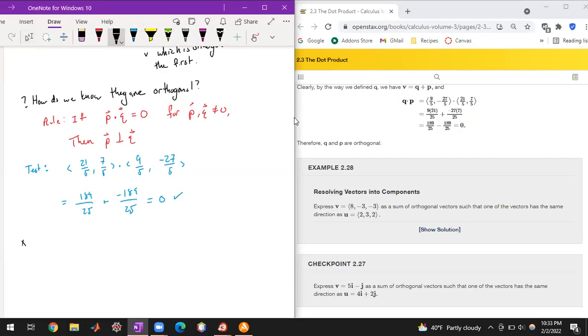All right, so for example 2.28, we are interested in resolving vectors into components.